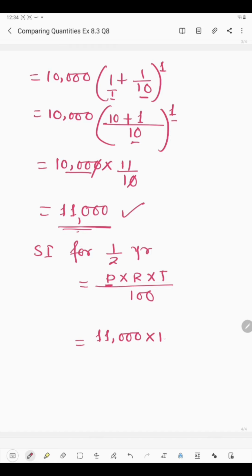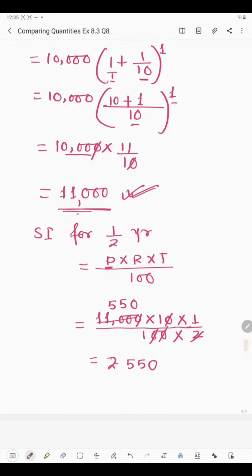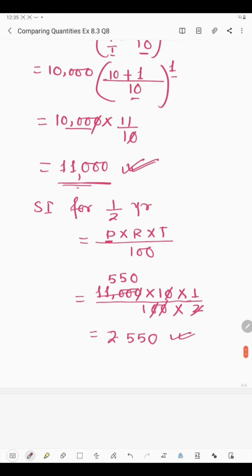And rate of interest is same, which is 10, and since we are finding for half year, it will be 1 by 2, and in the denominator we have 100, so it's 100 multiplied by 2. Now we'll cancel the zeros at first. Okay, now 2 5s are 10, 2 5s are 10 and 0, so it's rupees 550. Okay, so this is the amount for 1 year and this is the interest for half year.